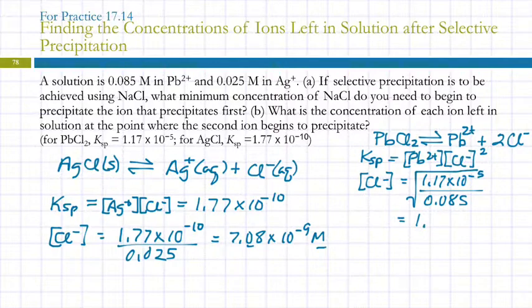So 1.17 times 10 to the minus 2. So you have to get to a higher chloride ion concentration.